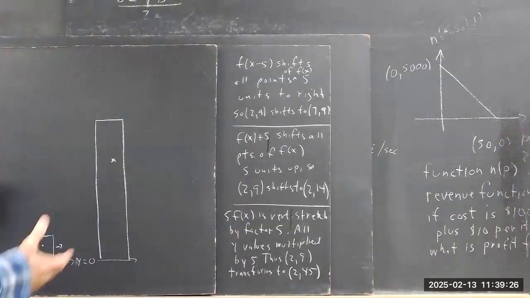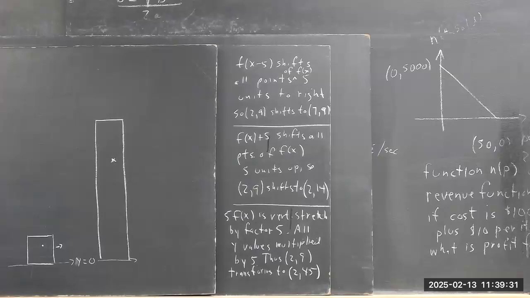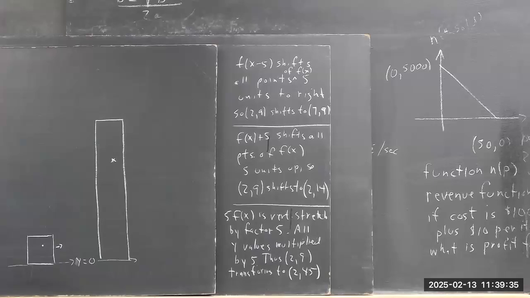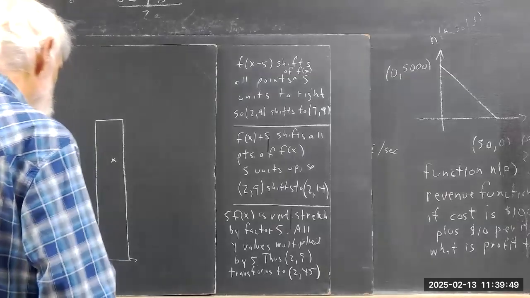And the rest of the graph, every point of the graph, there are other points on the graph, we're going to go into this rectangle. And then the rest is pretty simple. We horizontally shifted 5 units. I haven't put dimensions on this thing.